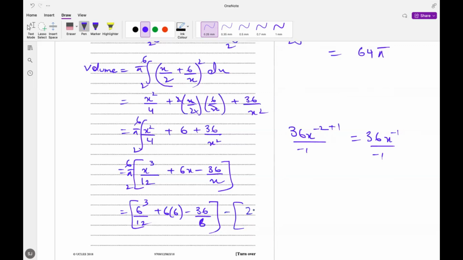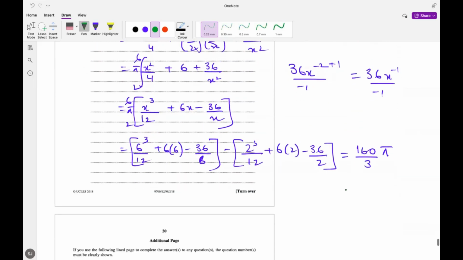So this will become 2 cubed upon 12 plus 6 times 2 minus 36 upon 2. Subtracting these two values and using the calculator, we'll get the volume under the curve as 160 upon 3, and we'll add pi to it.